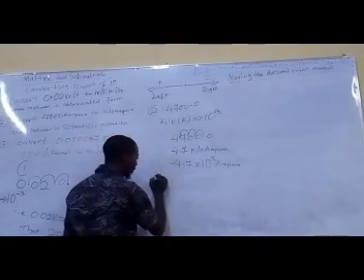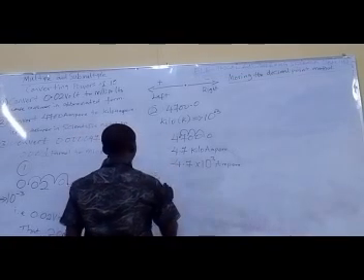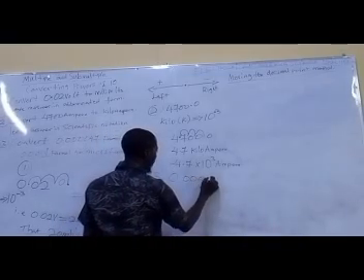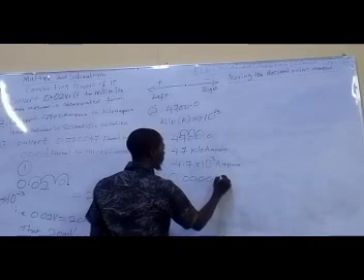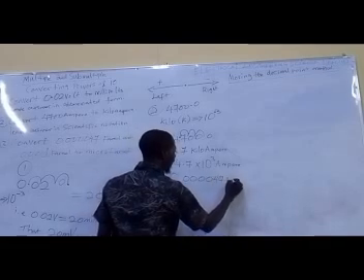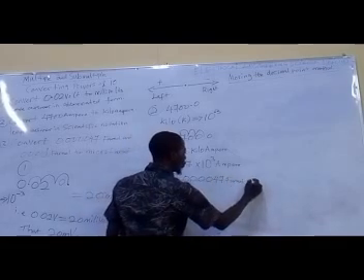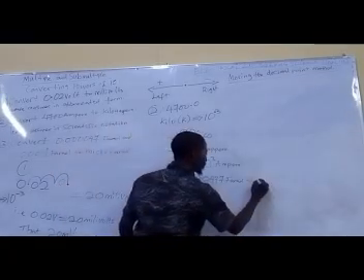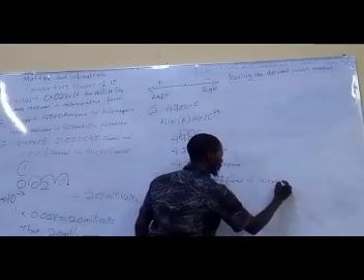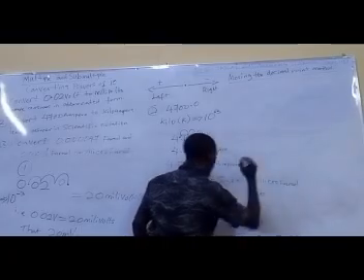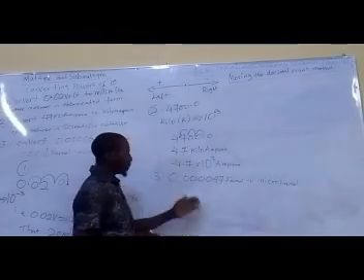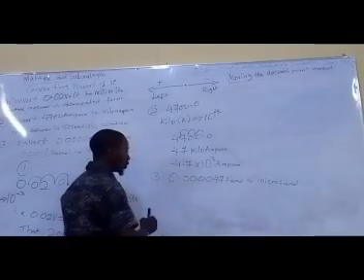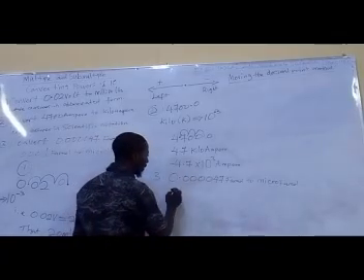Question 3 is to convert 0.00047 farad to microfarad. So we are going to be moving this decimal point here, and that is going to be into how many?